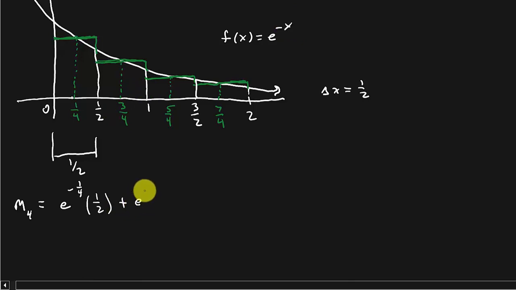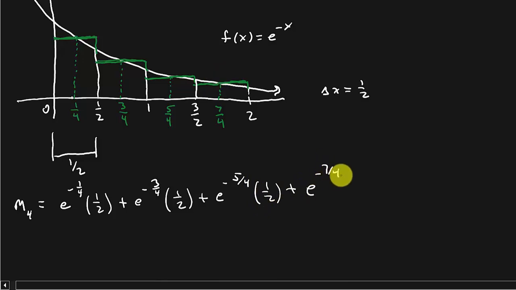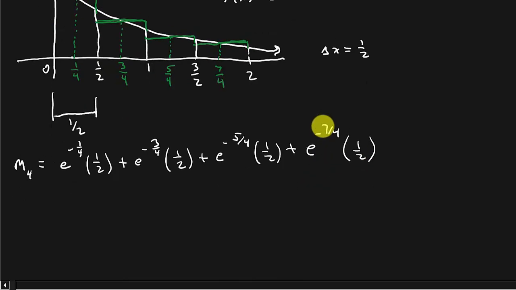So that's plus e to the negative 3/4 times the width of this rectangle, which is 1/2, plus e to the negative 5/4 times the width, plus e to the negative 7/4 times the width. When we do that, the area is 0.8557. And there's your answer.